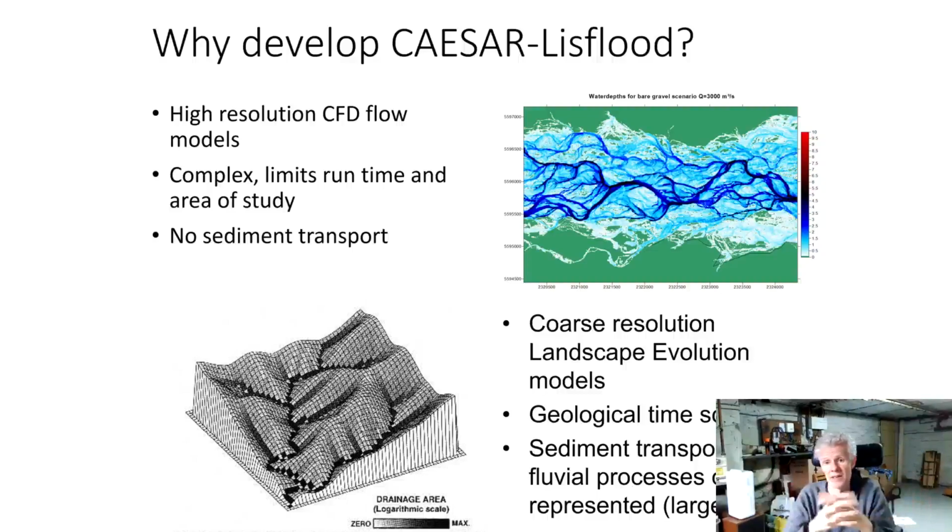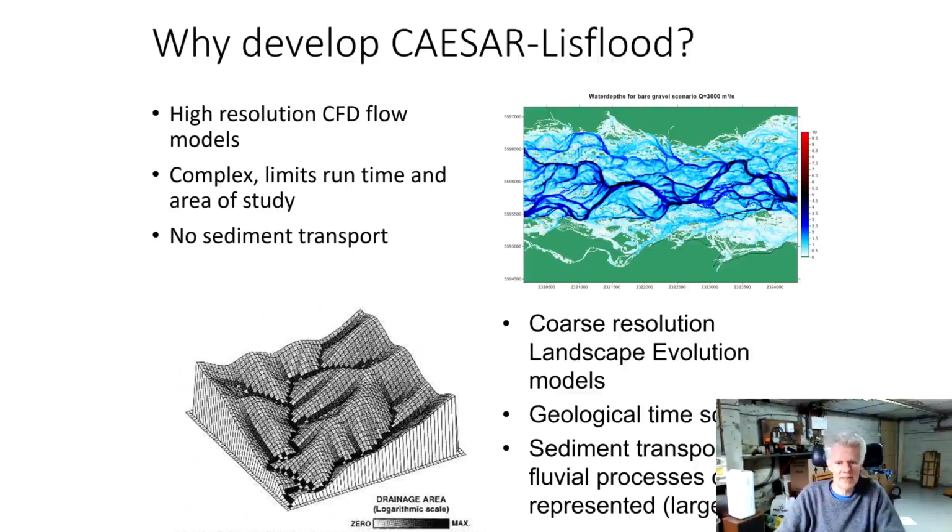That limits the area you can simulate. But it also limits the time you can simulate. So you may only be able to simulate a reach of a river, like we see on the right-hand side here, this lovely braided river simulation. But you can only simulate it for maybe an event or a year or a few months.